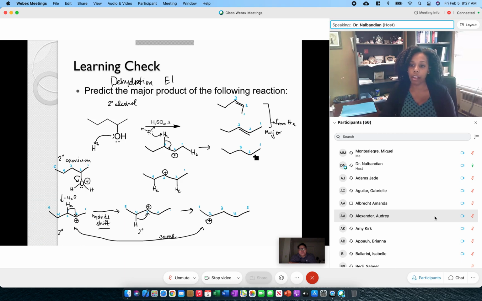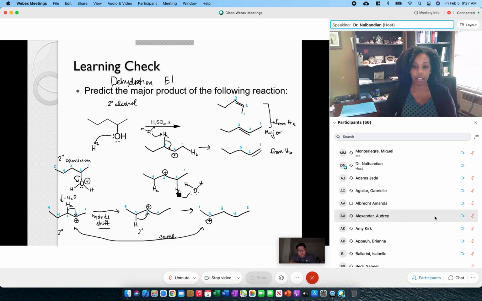And so that's how we ended up with the other thing, the terminal alkene from HB. Now let's look at HC. If we deprotonated HC, they're both going to end up with the exact same product. What are we going to end up with if we deprotonate HC?